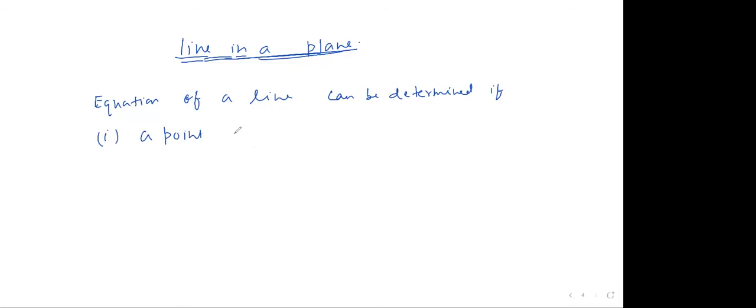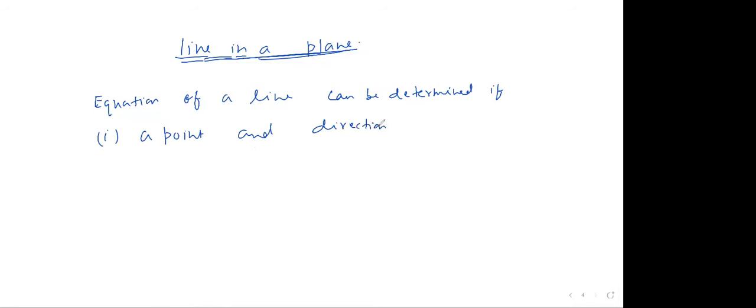Equation of a line can be determined if a point and direction vector are given.